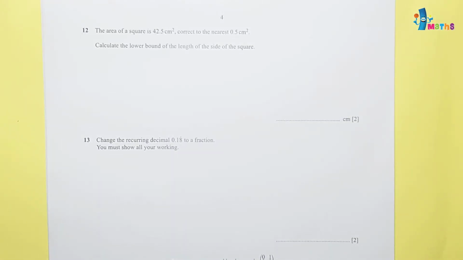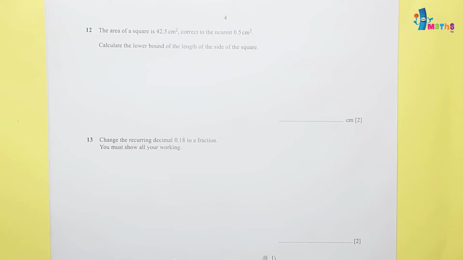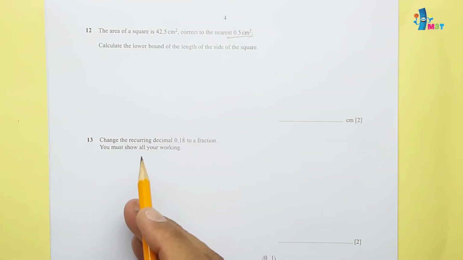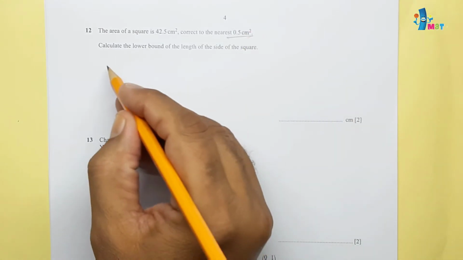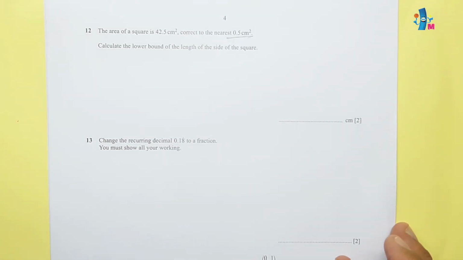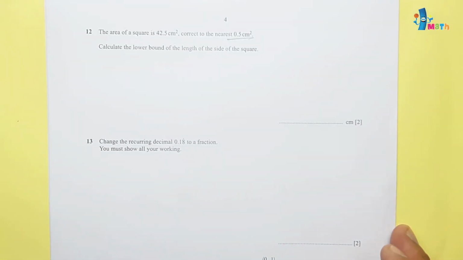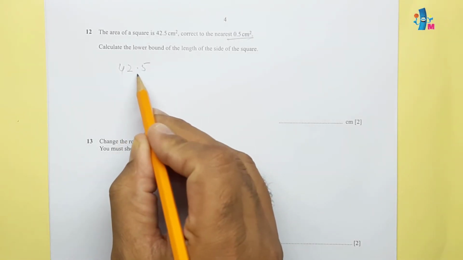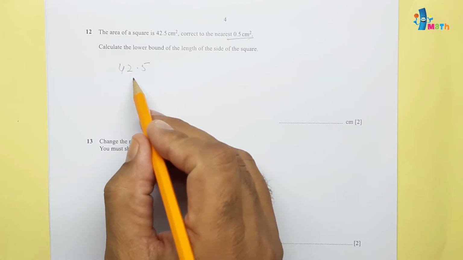Next, question number 12. The area of a square is 42.5 centimeter square, correct to the nearest 0.5 centimeter square. Calculate the lower bound of the length of the side of the square. So basically half of this will be 0.25. For lower bound we will subtract 0.25 from the given number.